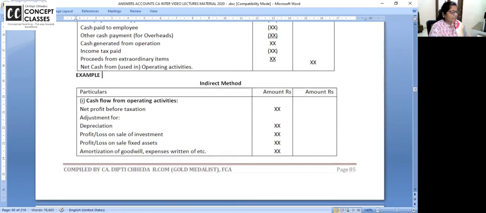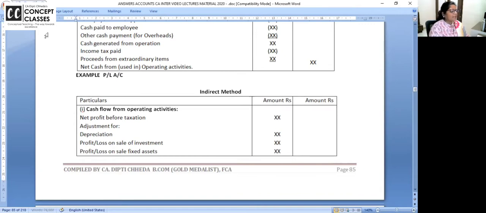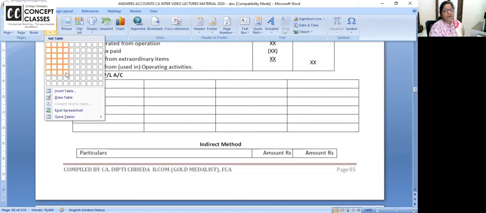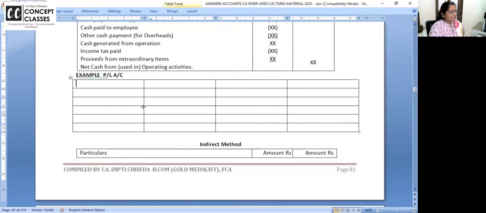By the end of half an hour, you'll be clear why you are doing operating and all the activities. So example, P&L account. I'm just making a P&L account and I want to show you the journey from the P&L account. P&L account gives you what? Net profit. Now you want what? Cash profit. So from net profit to cash profit we are doing some add and less, but why we are doing it is what I just want to share with you.